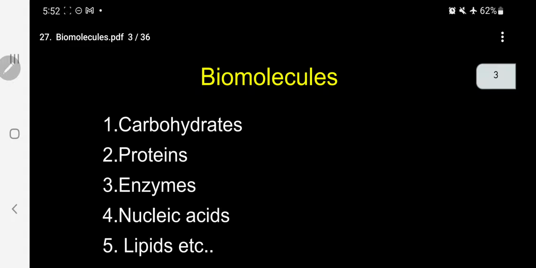What are biomolecules? The molecules that are present in biological systems, that is plants and animals, are called biomolecules.